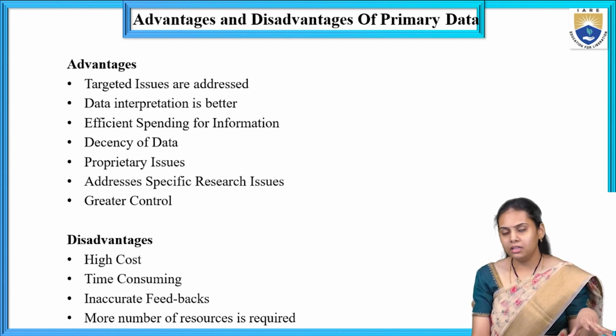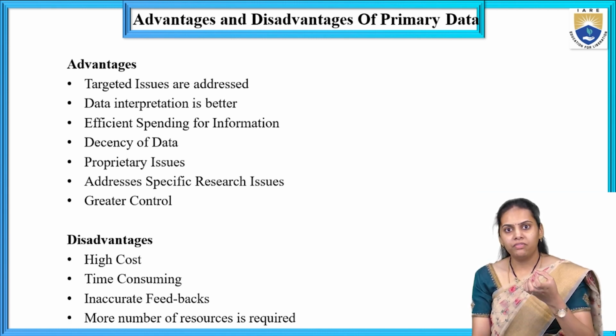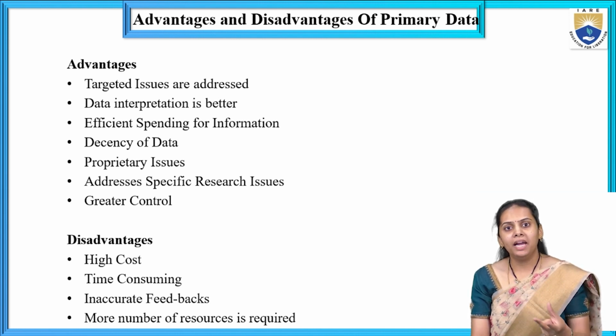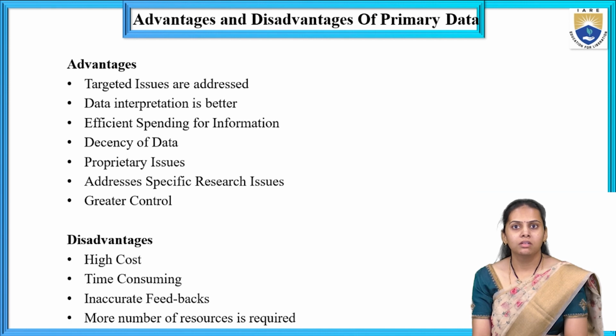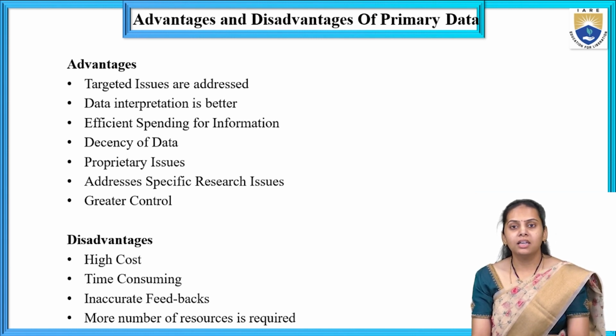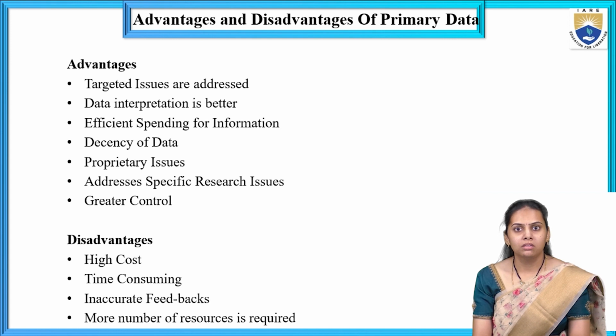Because the primary data is fresh and new, targeted issues being addressed is one of the main impacts of this primary data. Data interpretation is better, and it has greater control.